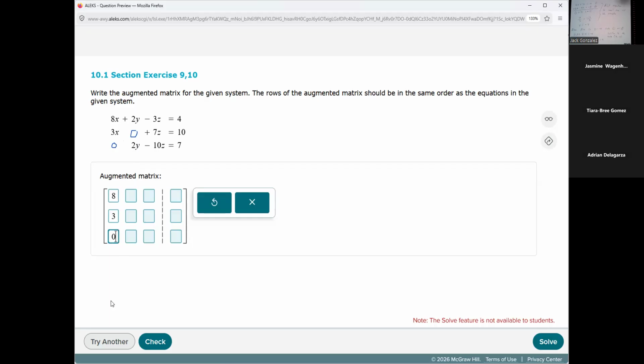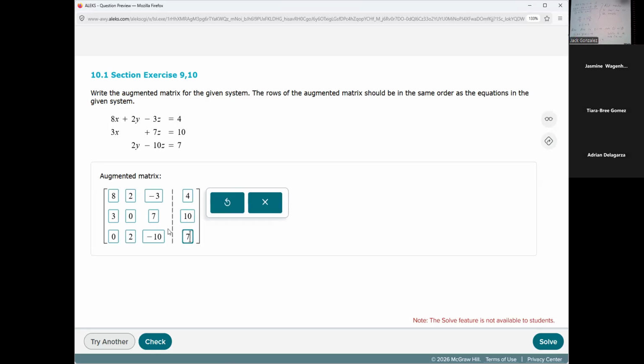Okay, so where are the numbers coming from here, right? This 8, this 3, this 0. This 2, this 0, this 2. So 2, 0, 2, -3, 7, -4, and 7.